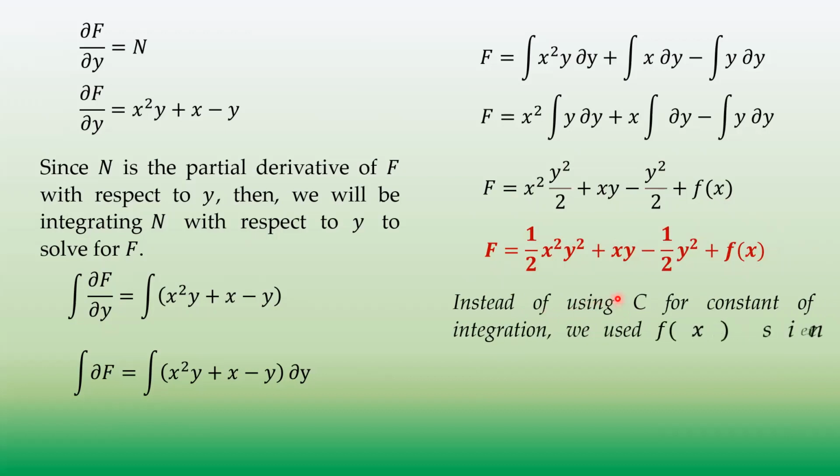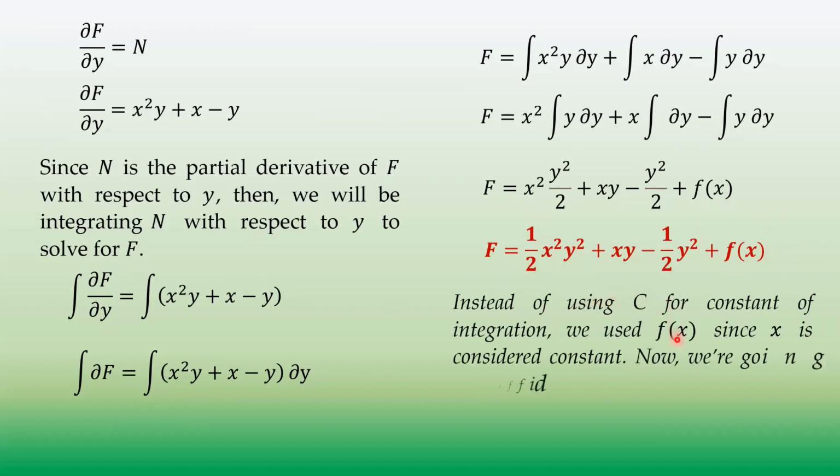So again, instead of using c, we used f of x since x is held constant from our partial differentiation. Now we're going to differentiate this f partially with respect to x, kung ano variable sa ating constant of integration. Okay.